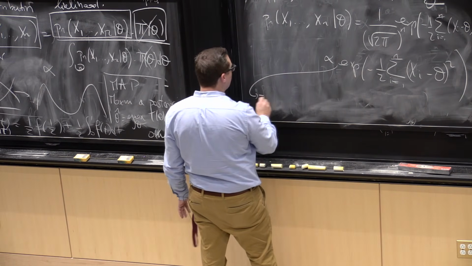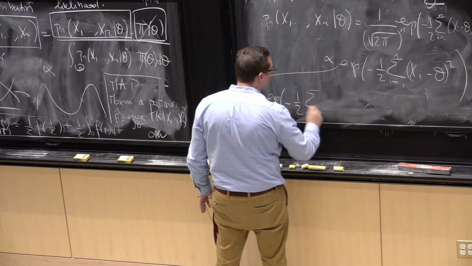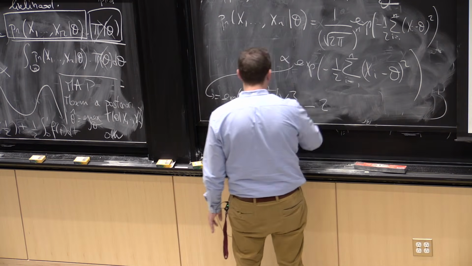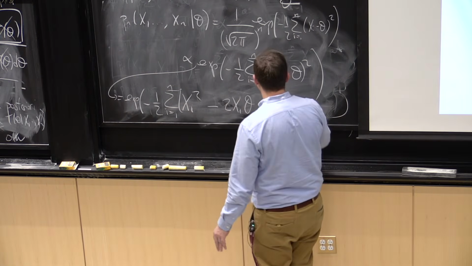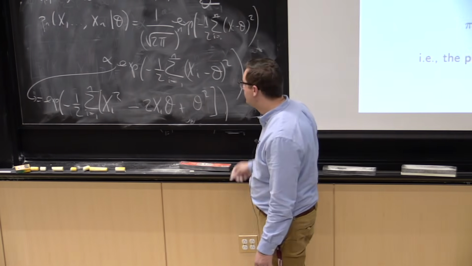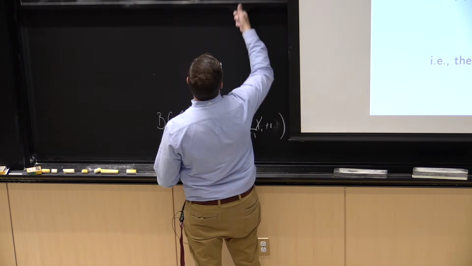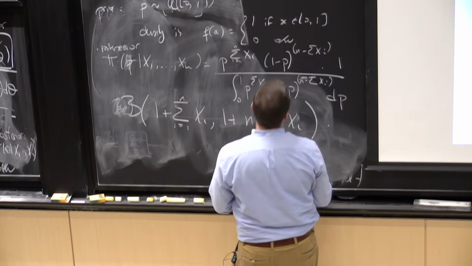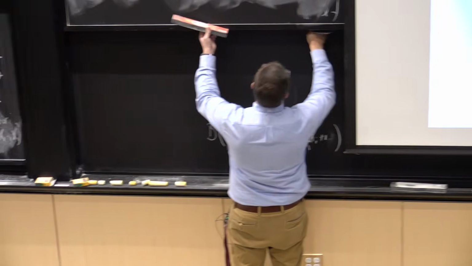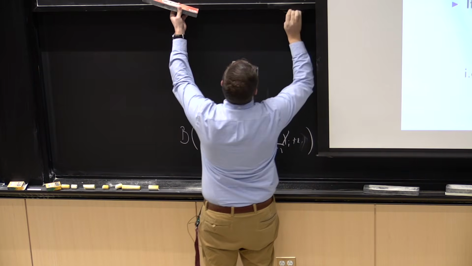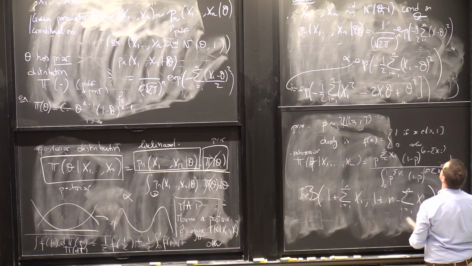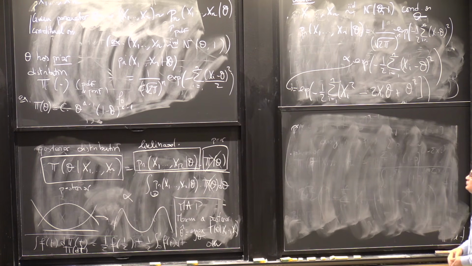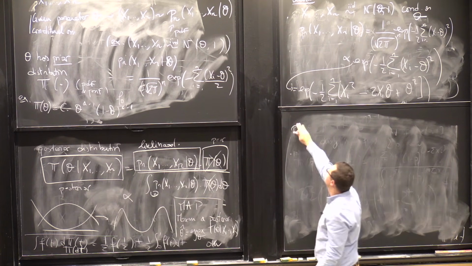So this thing here is going to be equal to exponential of minus 1/2 sum from i equal 1 to n of xi squared minus 2 xi theta plus theta squared. OK, and now basically, remember, everything is up to this little proportionality sign, right?